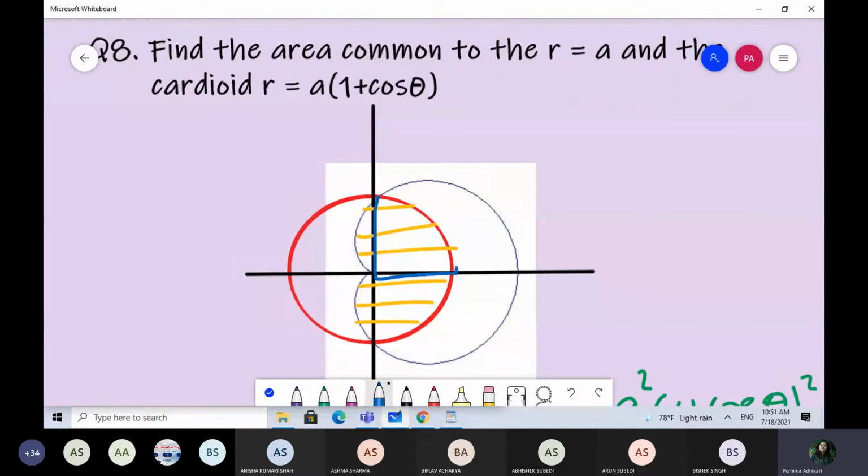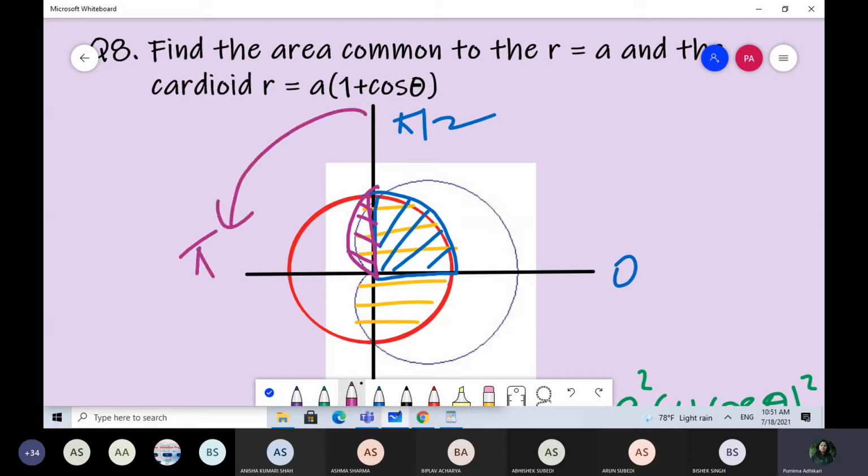From 0 to pi by 2, it's the area of only circle. And from pi by 2 till pi, it's just the area of cardioid only, यहाँ देखि यहाँ सम्म blue area.